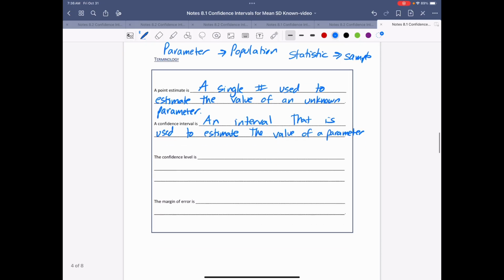And the confidence level, that goes along with the interval, is a percentage between 0 and 100 that measures the success rate of the method used to construct the confidence interval.